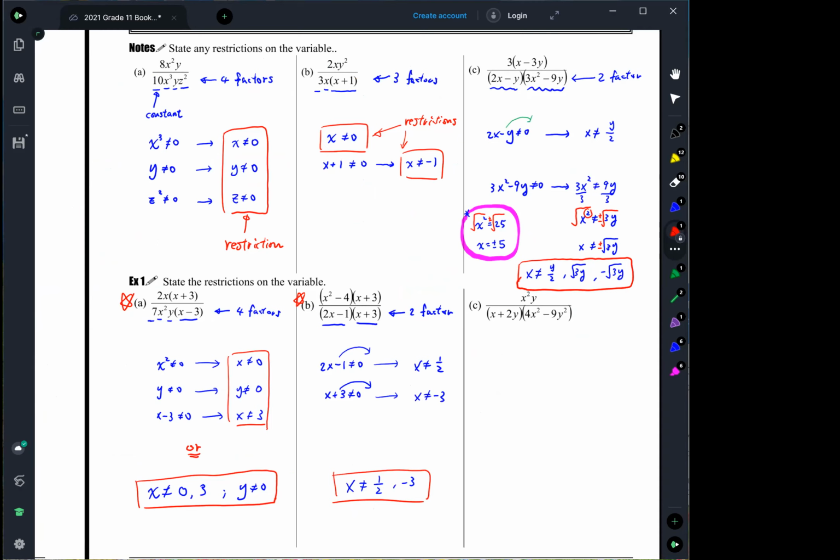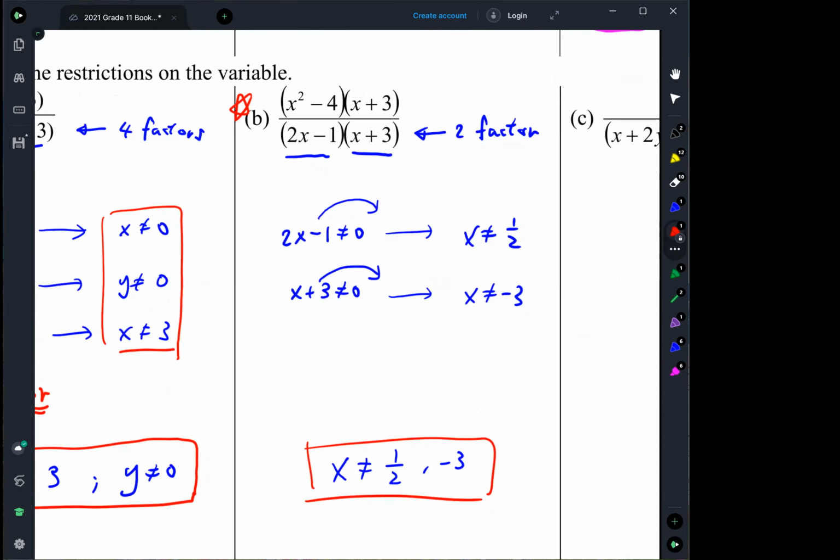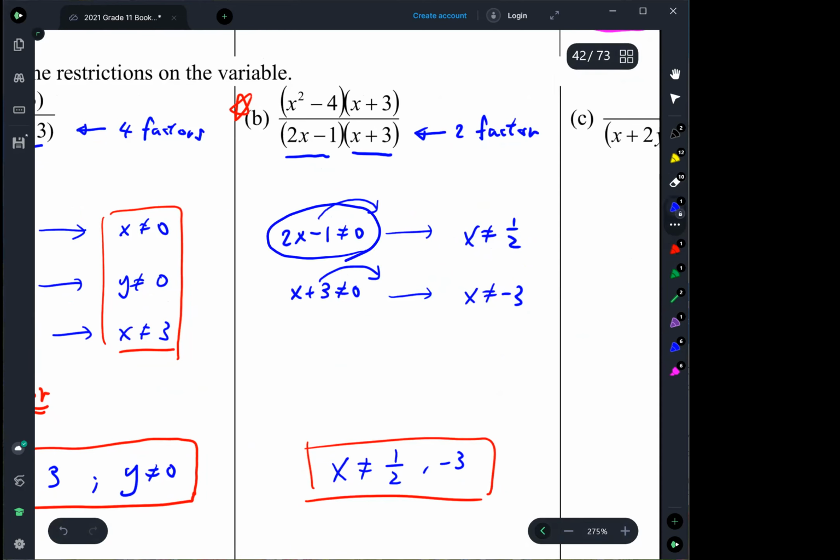Wait, Jason, I have a question. Yeah, what's the question? For B, how come it's x doesn't equal 1 over 2? Shouldn't it be negative 1? Okay, for this one, you understand how we get the 2x minus 1 cannot equal 0? Yeah. Okay, so from there we isolate the x.